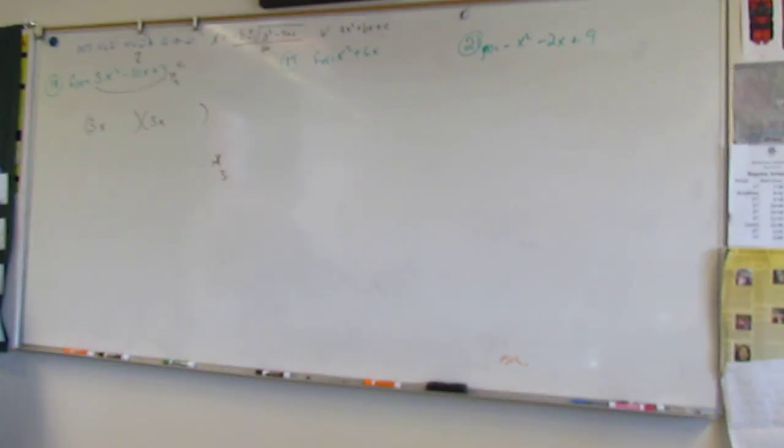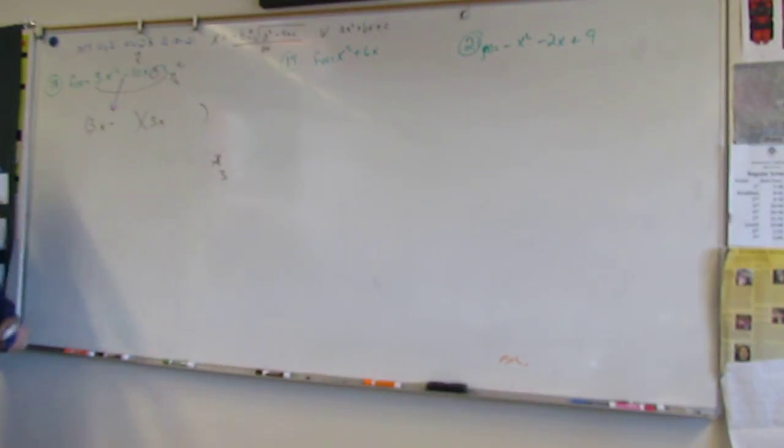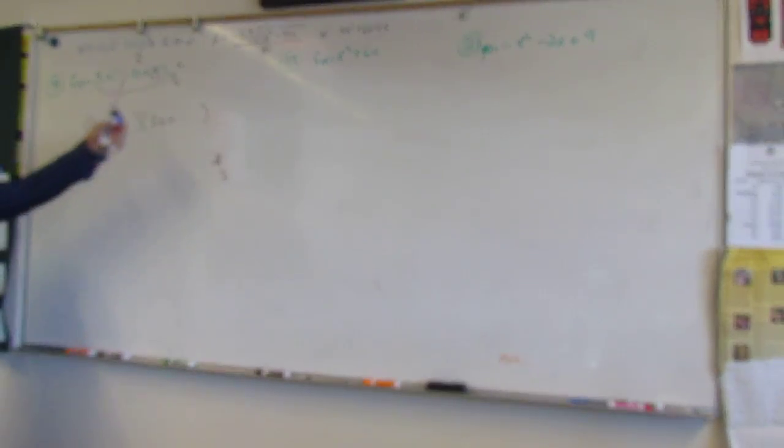It makes the work easier. Next, bring down your sign. This sign tells me that they are same or different? Same. So they both are negative. Two numbers that multiply to be 9 and add to be 10: 9 and 1.